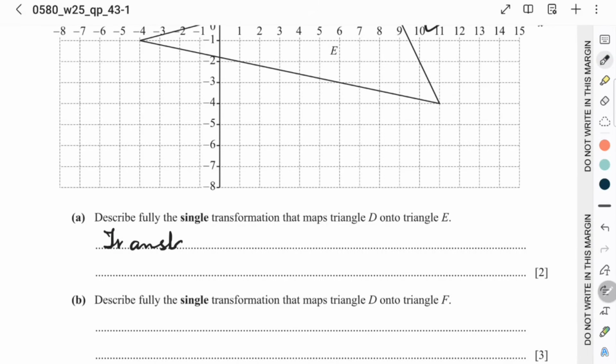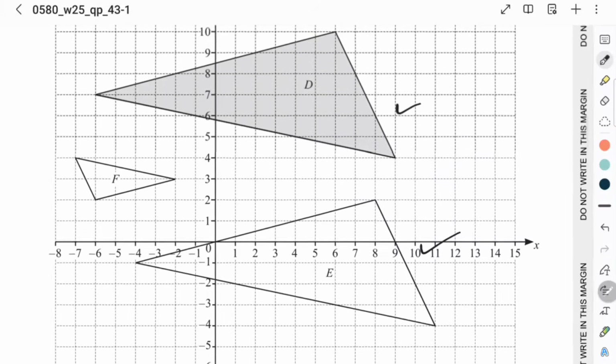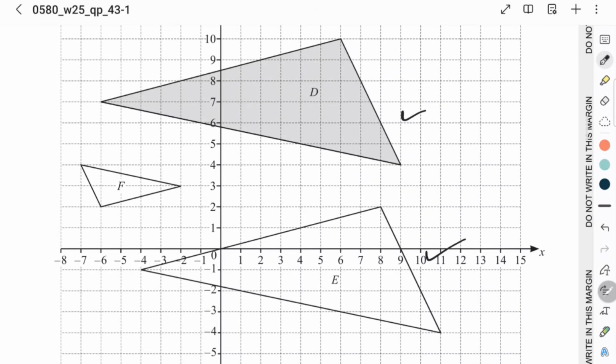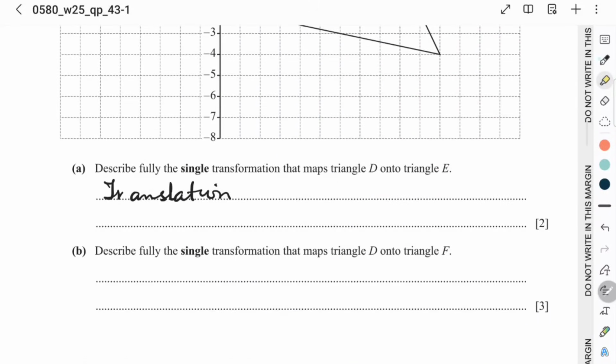So the translation vector, how much it moved. If you are just checking, it is from here till here. So this is equal to 2 boxes, and 1 2 3 4 5 6 7 8, 8 below. So positive 2 and minus 8.